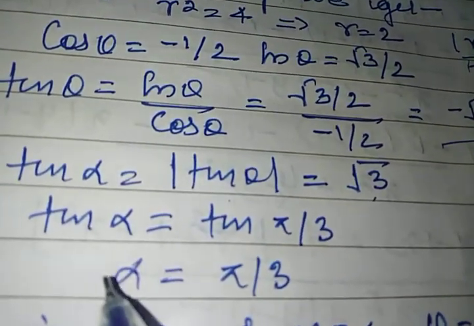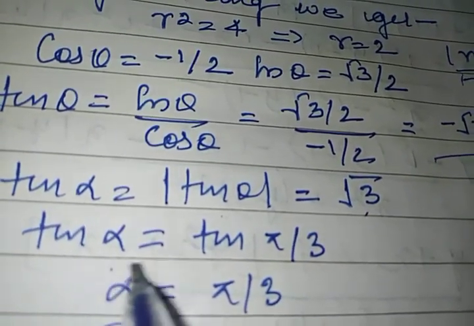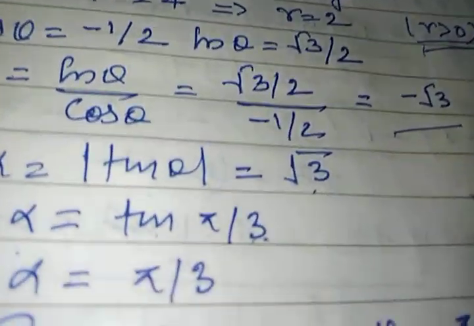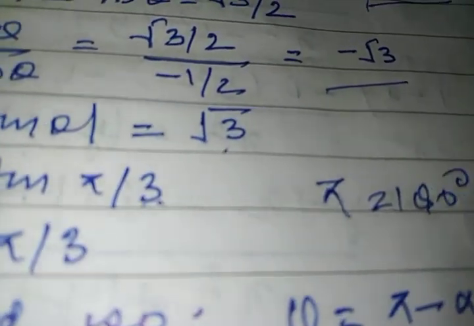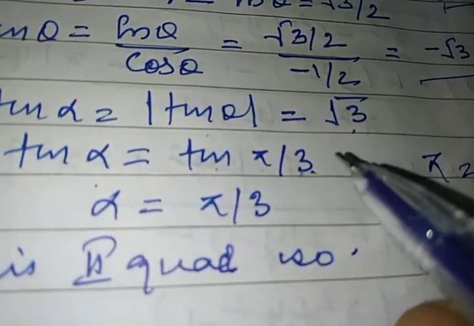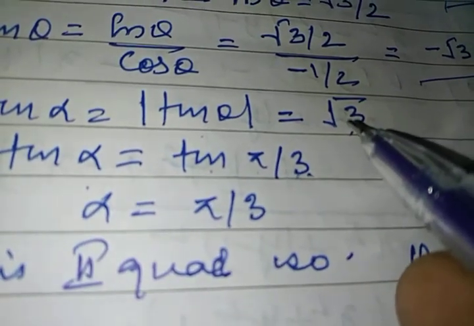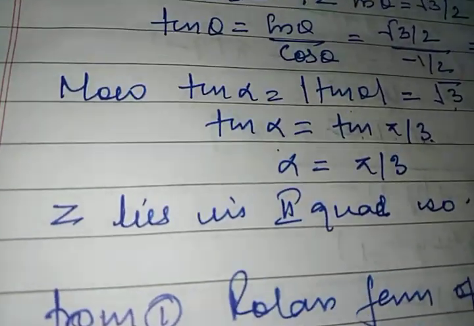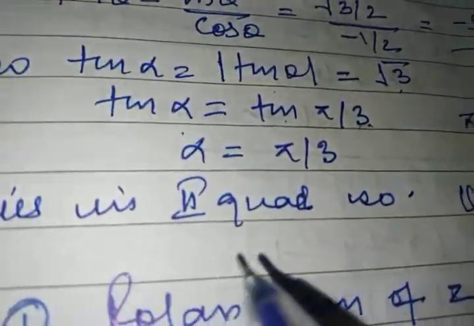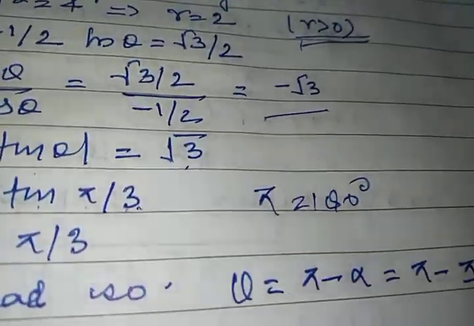So tan alpha is equal to root 3, which means tan alpha is equal to tan pi by 3. Children, I told you already that pi is 180 degrees, so 180 by 3 means 60 degrees. That's the root 3 value. So alpha will be equal to pi by 3. Since z lies in the second quadrant, theta will be pi minus alpha.